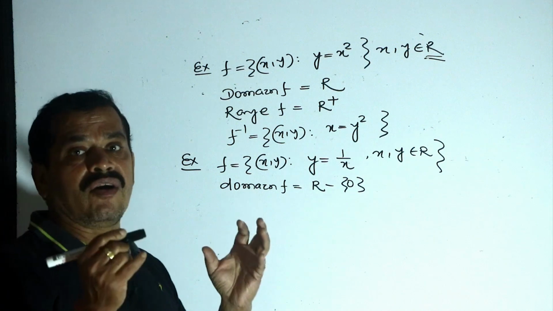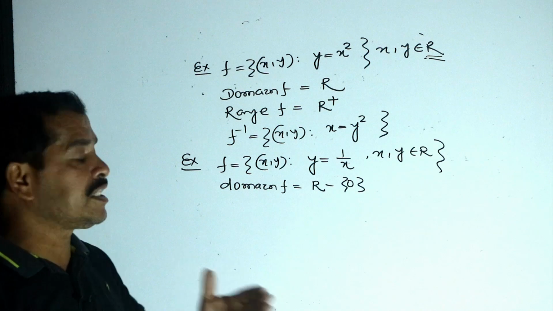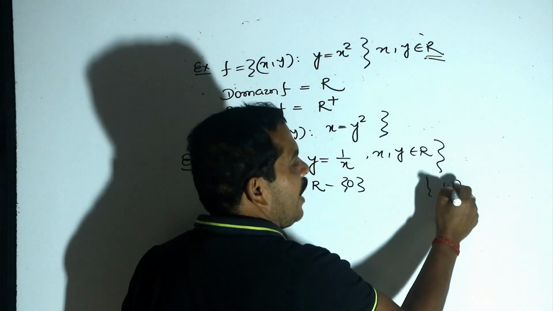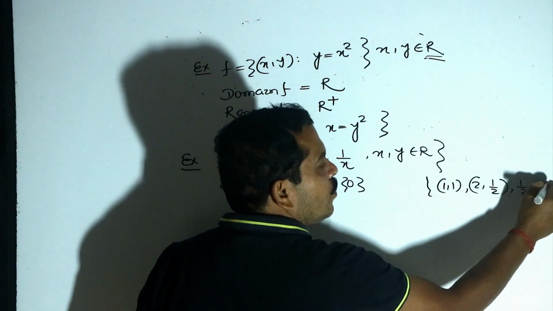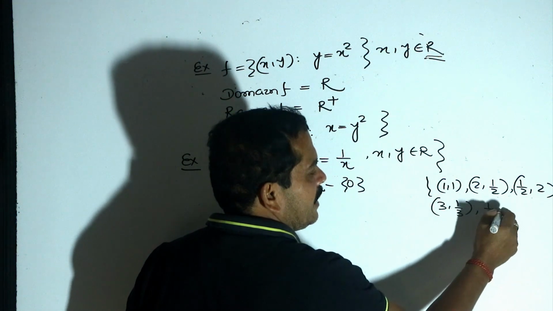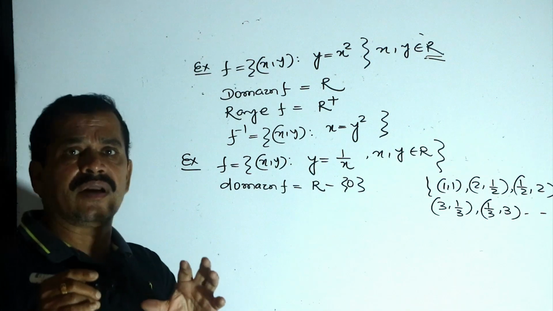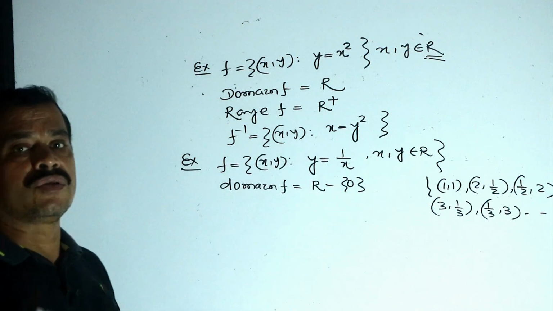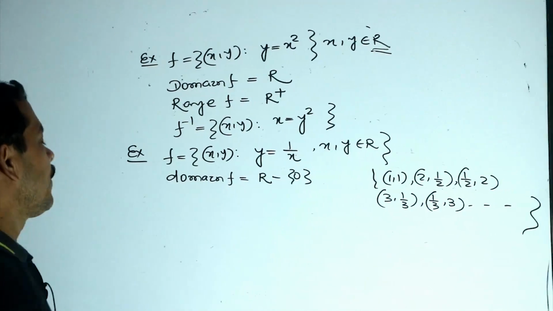We have to find the order pairs such that the second element is the reciprocal of the first, like (1, 1), (2, 1 by 2), (1 by 2, 2), (3, 1 by 3), (1 by 3, 3), like that. So the domain of the relation is all real numbers except 0.